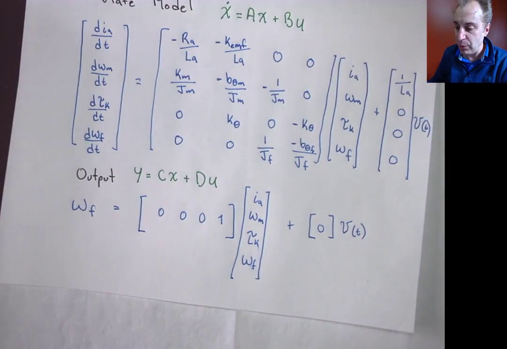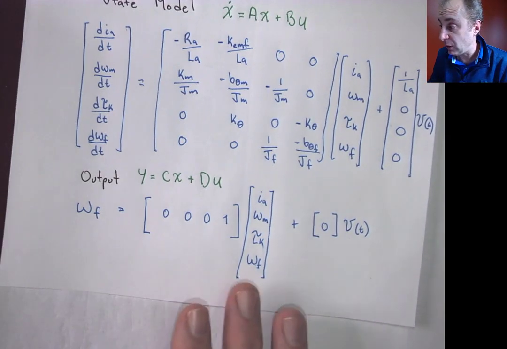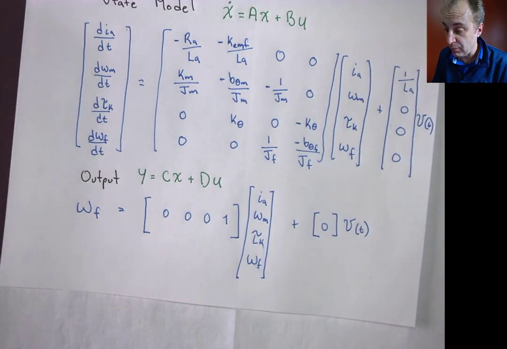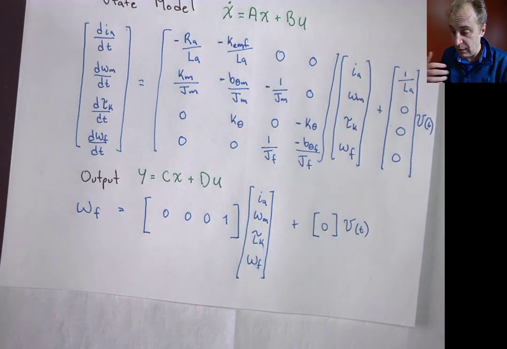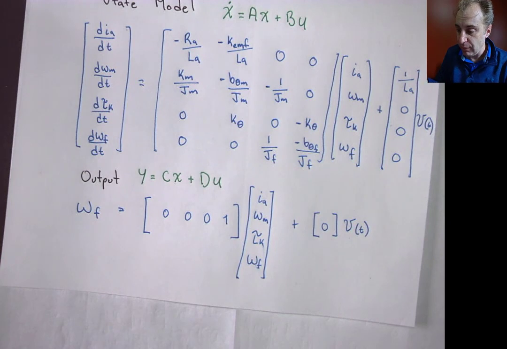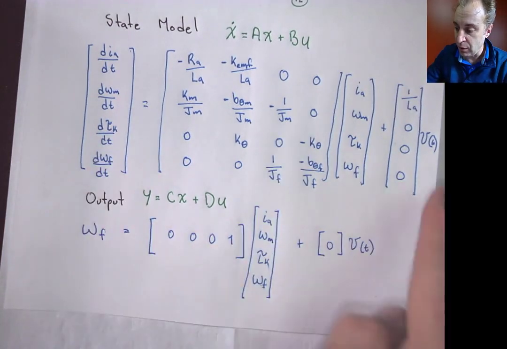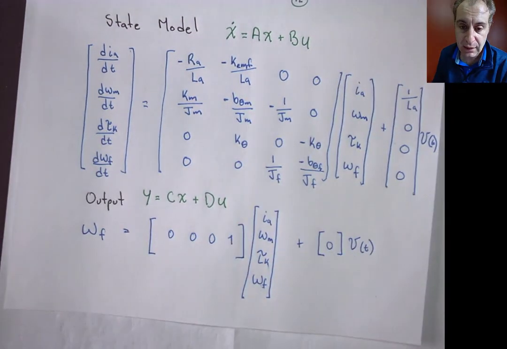So that would be the example of the domestic fan, and we had a hybrid system, an electrical circuit combined with the physical fan with the rotor and the blades, and we developed our state model, which is represented by that equation.